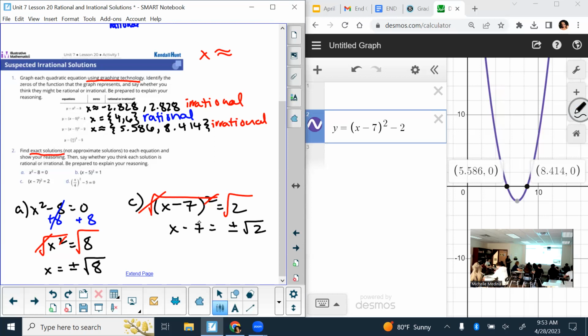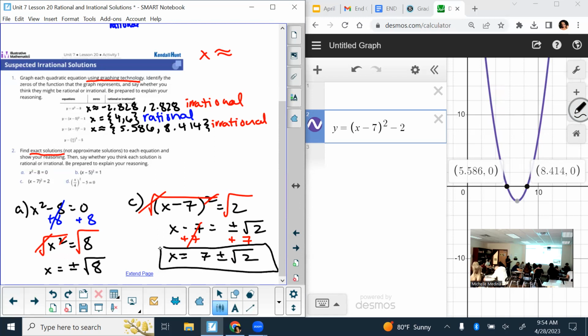And then x is still not alone; the opposite of minusing 7 is adding 7, whatever you do on one side. Okay, great. So then I get x equals, you could put it in either order, 7 plus or minus radical 2.